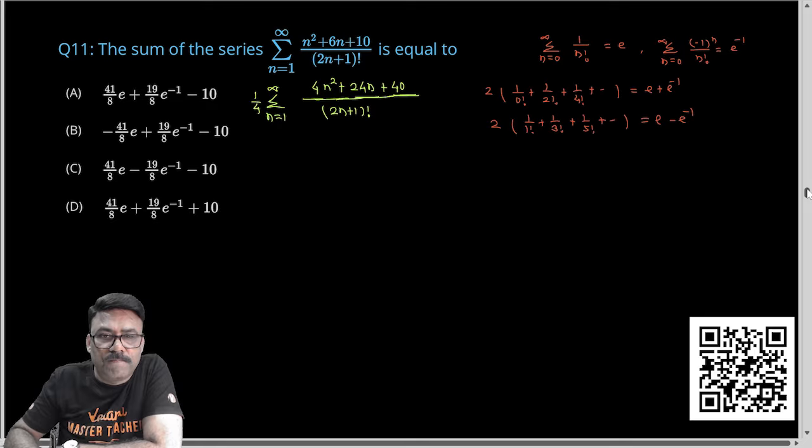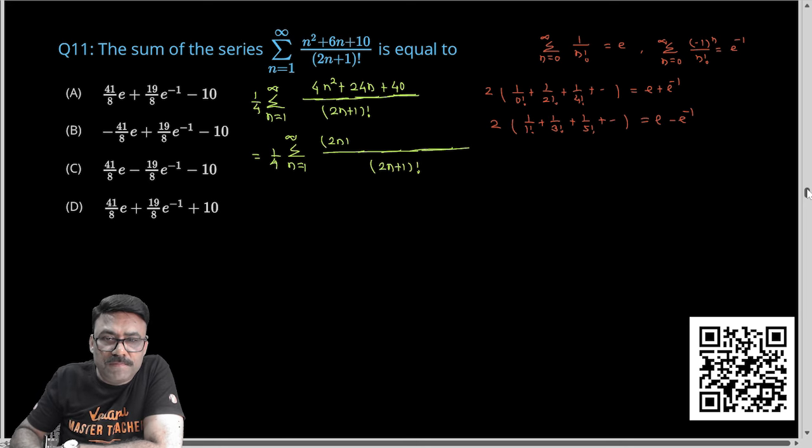Now I can write it as 1 by 4 sigma n varying from 1 to infinity, 2n plus 1 factorial. Now let's write 2n plus 1 into 2n first.